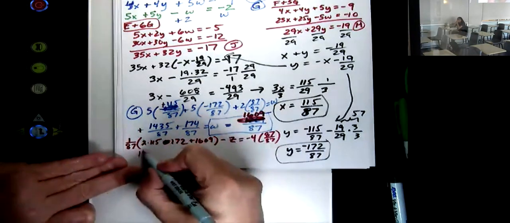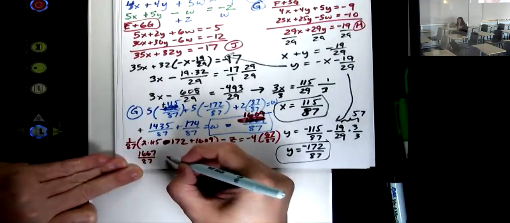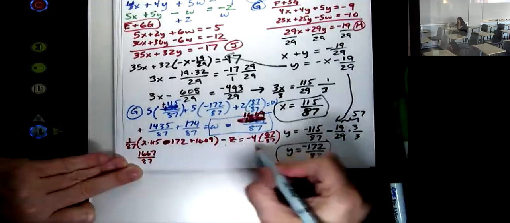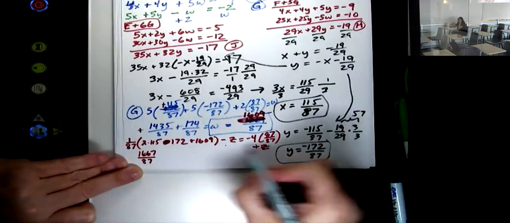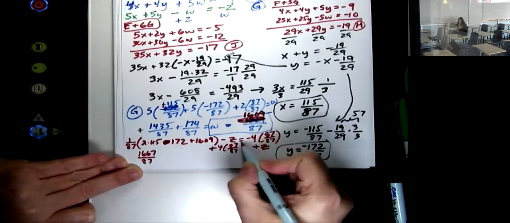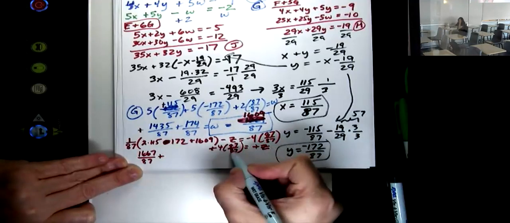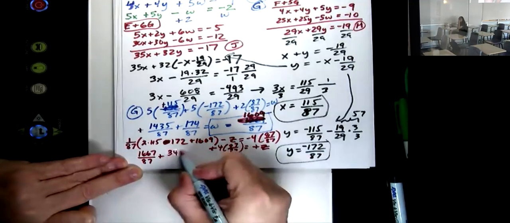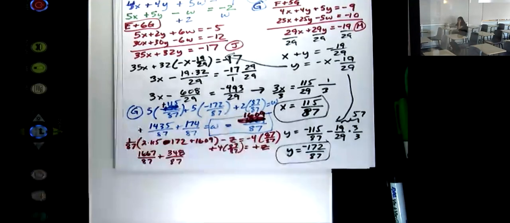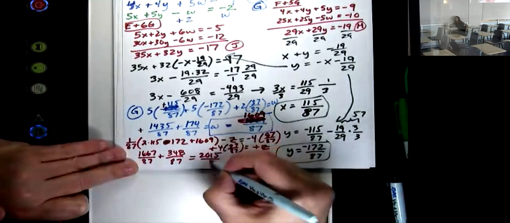So I got 1667 over 87 minus z. I'm going to put the z over here and put the plus 4 times 87 over 87 on the left, just to save some space. This is 320 plus 28 is 348 over 87. And then if I add these together, 2015 over 87, which equals z.